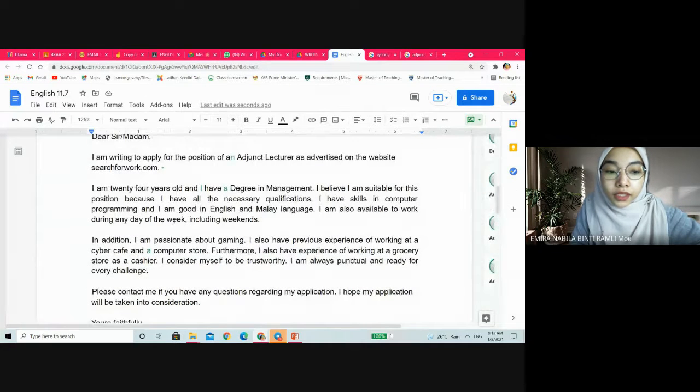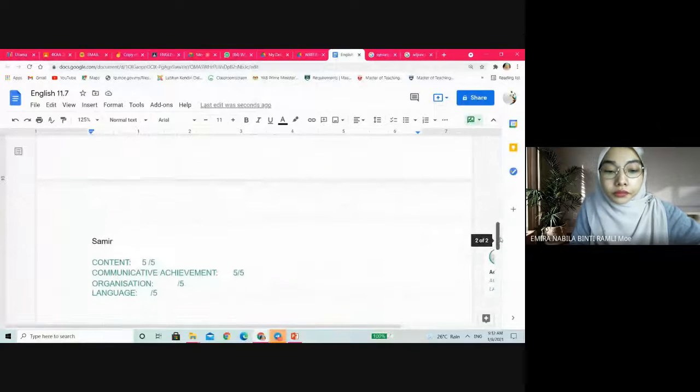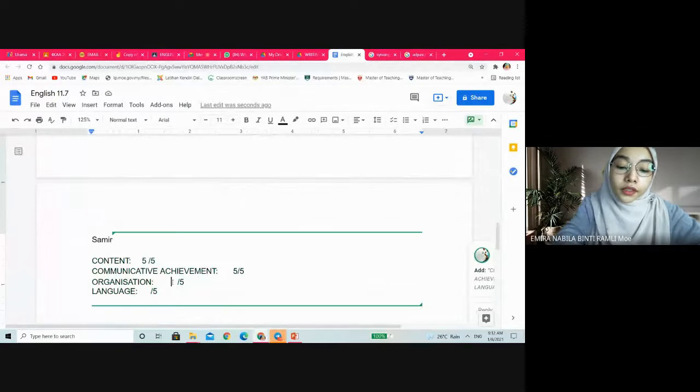For organization, he has words or phrases like in addition, I also have. Other than that, you can see he did it in the form of paragraphing. So again, organization 5. 5 marks for organization.